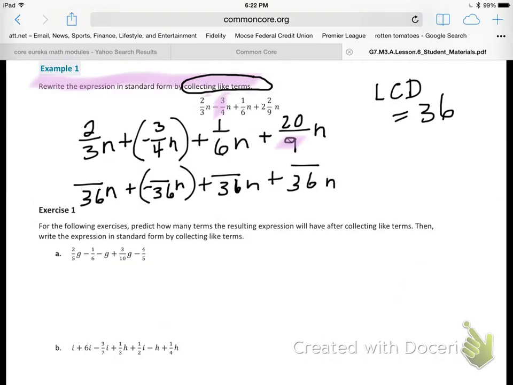Okay, so now we'll go ahead and just change these. So this is going to be 12, this is going to be 24, 36, here we have 9, we have 27, 36, 6, 36, and then 80, 36. And now it's just a matter of working with the numerators here.